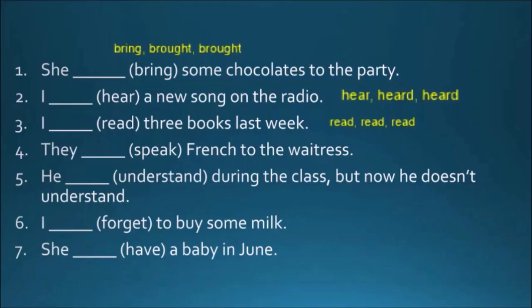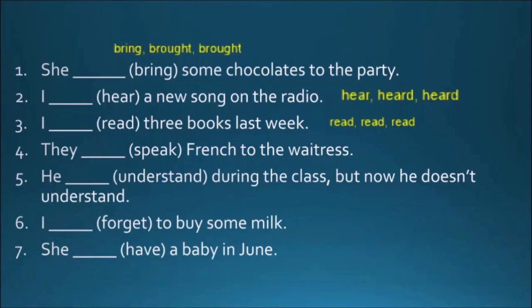And past participle, read. So when you are reading a sentence, you need to look for those other keywords. You need to look at the context of what you're reading to be able to know how to pronounce that word. So last week, I read 3 books last week. Let's have a look at number 4.